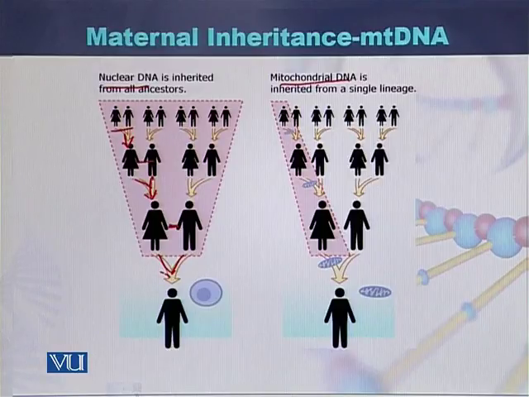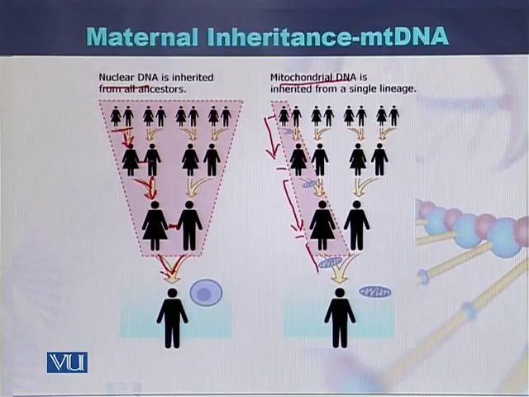But in case of mitochondrial DNA, it is transferred from the mothers. This mother has transferred the DNA to her daughter, and this daughter has transferred the DNA to her son.